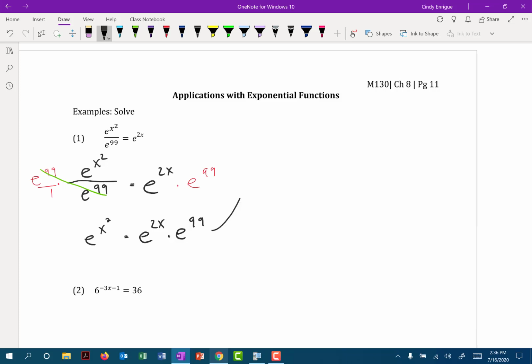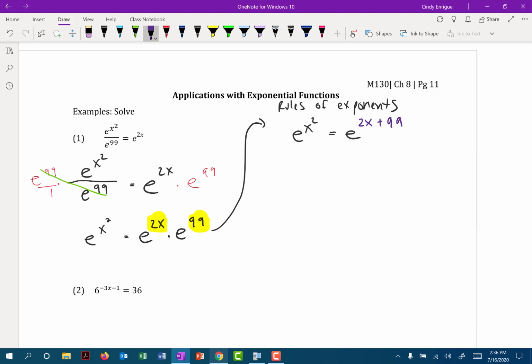And because of our rules of exponents, that tells us that these powers, these exponentials, because they're being multiplied, I can add them together. So now I have e to the x squared is equal to e to the 2x plus 99.